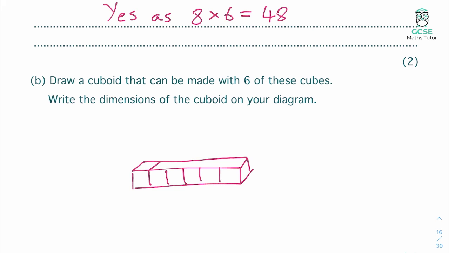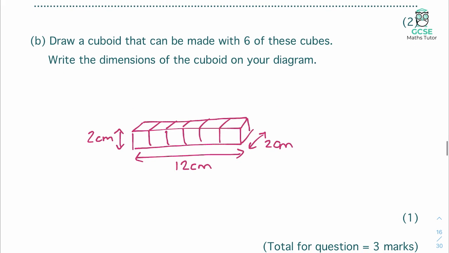There you go. We'd obviously see those little bits along the top there. So that would be 2 going up as our dimension, so 2 centimeters. That would be 6 of them going across, so 6 times 2 is 12 centimeters. And that would have a depth of 2 centimeters as well. So you could obviously draw that vertically, or you could stack cubes on top of one another, but that's probably the easiest way of drawing one.